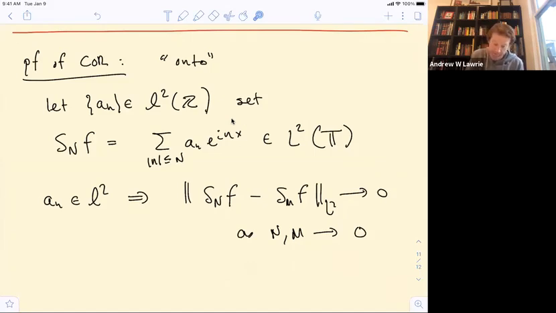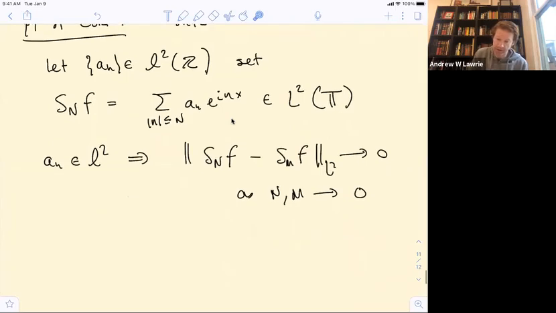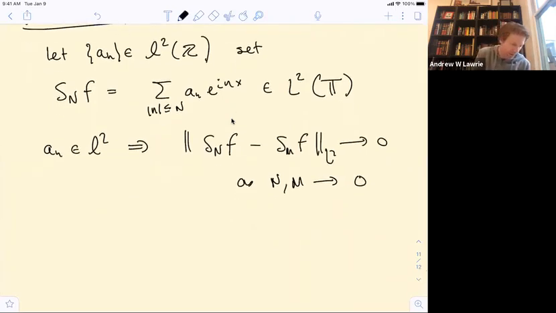So if I take the entire sum, I just get a convergent sum, the little L2 norm of the a_n's. This tends to 0.